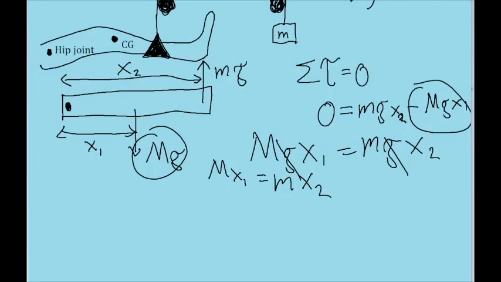And lastly, we want to solve for small m, so I'm just going to divide both sides of the equation by x2. So what we are left with is an equation for small m that's equal to big M times x1 divided by x2. And this is the equation that we'll want to use.